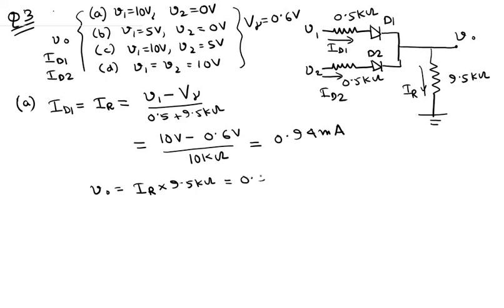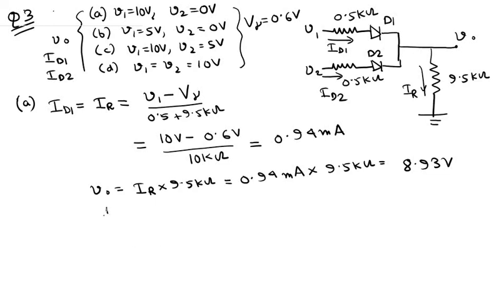So this is 0.94 milliamps into 9.5 kilo ohms. So this gives me, let me calculate it here, 8.93 volts. So 8.93 volts.